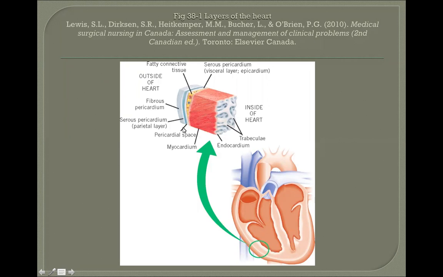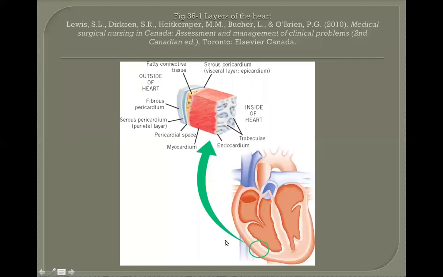Finally, you've got the pericardial region, and the pericardial region has fluid in it to cushion the heart. It's a very delicate organ, of course, and so it's filled with fluid. That fluid can become infected, and if that becomes inflamed, that's pericarditis. You've got a real problem there, because you've got this sac, the outermost layer of the heart, not a lot of wiggle room here.